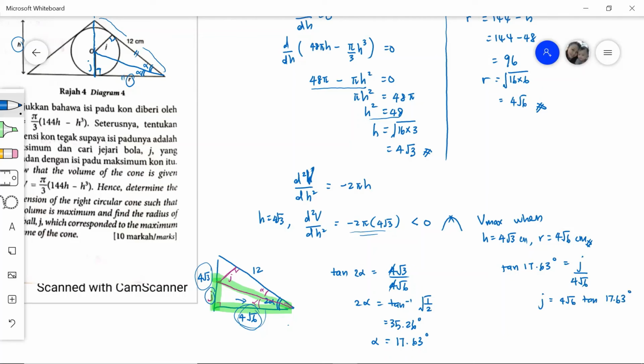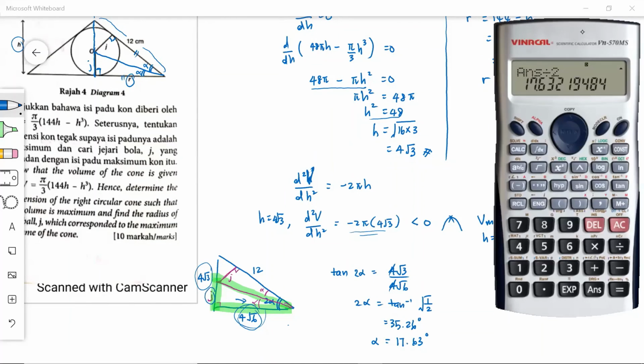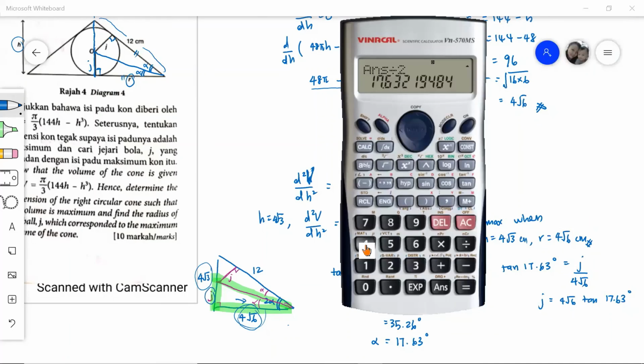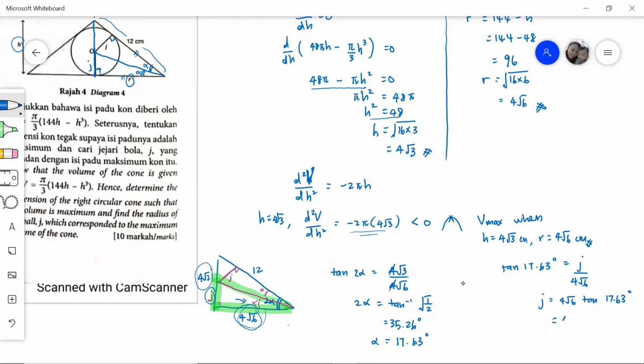Let's get the calculator. We take 4 root 6, multiply with tangent 17.63. We get 3.114 cm in 4 significant figures. So we have found the value of all the unknowns here: r, h, and j. That's it for question number 8.